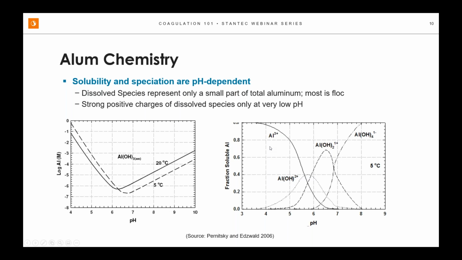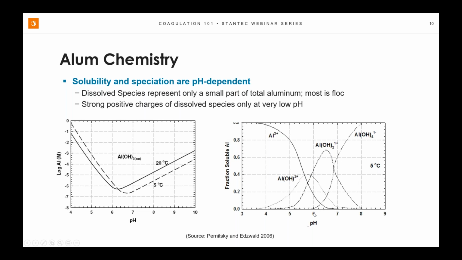So the water molecules that are associated with this tend to shed some hydrogens. So the bottom line, the chemistry gets quite complex, but here's what you need to remember. You're only getting Al3+ at the very low pHs, right? So pH less than 6, you've got a fair bit of it. pH 5, you've got a lot of it.